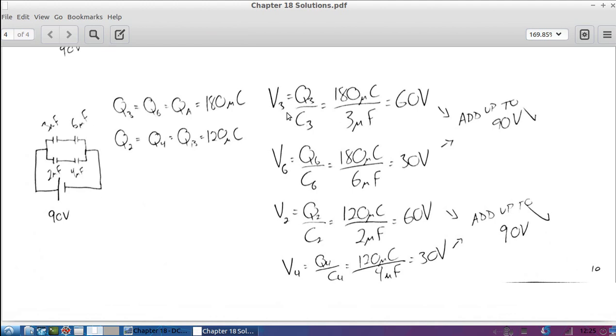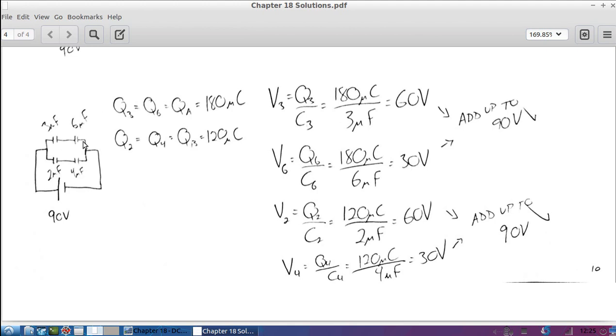The voltage across the 3 microfarad is Q3 over C3. Calculate that. My micros go away. 180 divided by 3 is 60 volts. Voltage across the 6 is Q6 over C6. Same charge divided by its capacitance. Again, micros go away. 180 over 6 is 30.